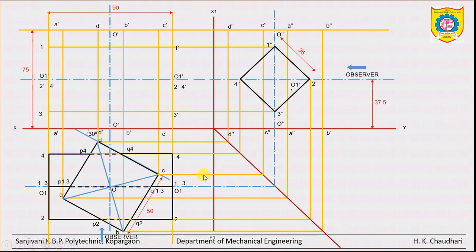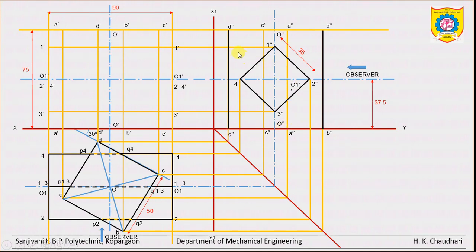So first of all, see, this edge number B and edge number D, they are outside the intersection. So in the side view also we can make them thick. So the vertical edge B and edge D we have made thick. Clear?